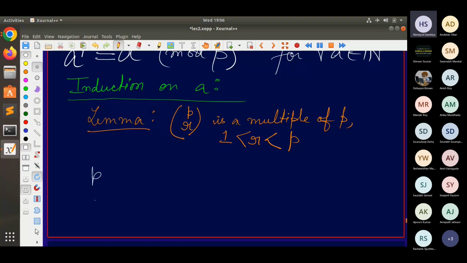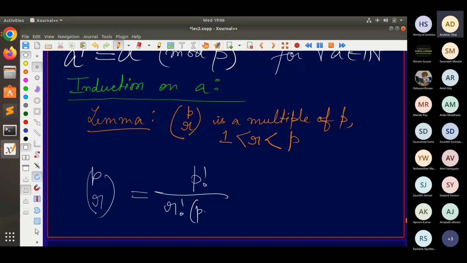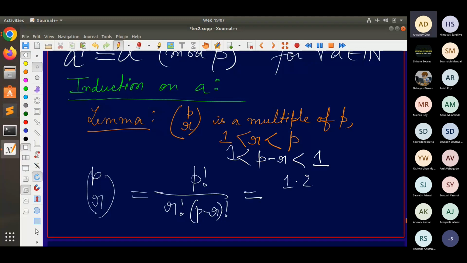Yeah, okay, if we cancel all the factors, then it is always p in the numerator, right? So it is a multiple of p. Yeah, exactly. So here this is r, this is p minus r. Since r is strictly between 1 and p, so is p minus r, right? So this thing is 1 into 2 into 3 up to p.